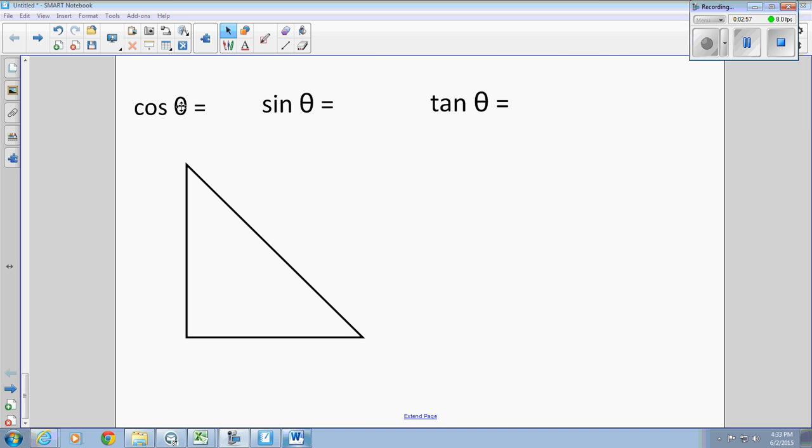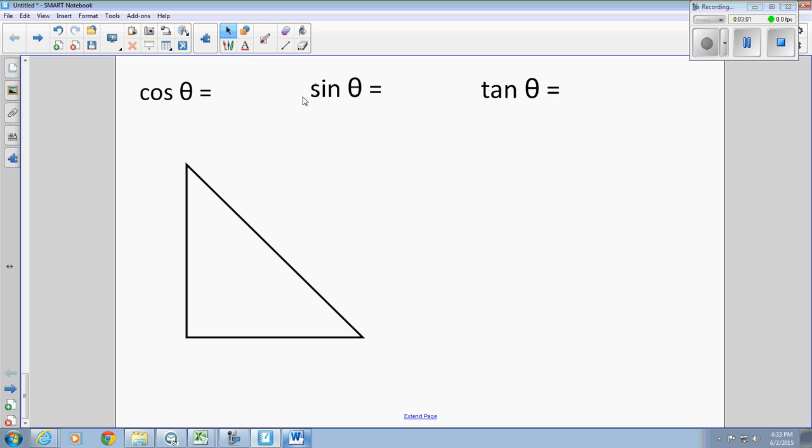For any right triangle, we have these functions that will work. Before I go any further, I know your worksheet has it organized with the cosine first. I'm going to go ahead and switch up sine and cosine.